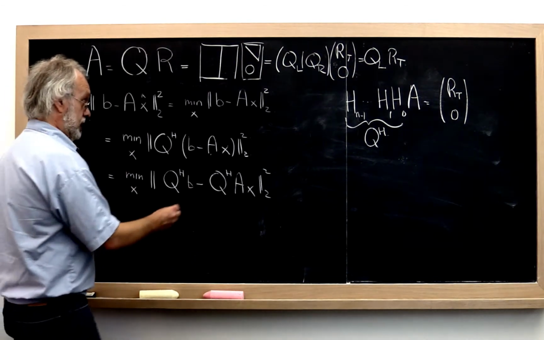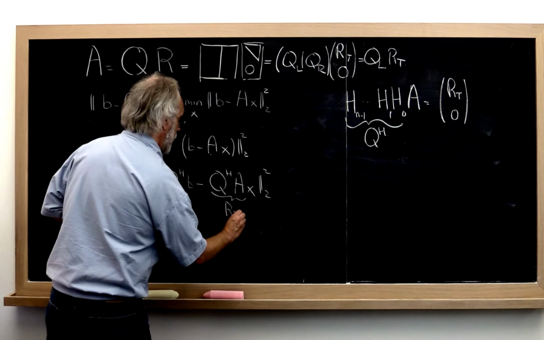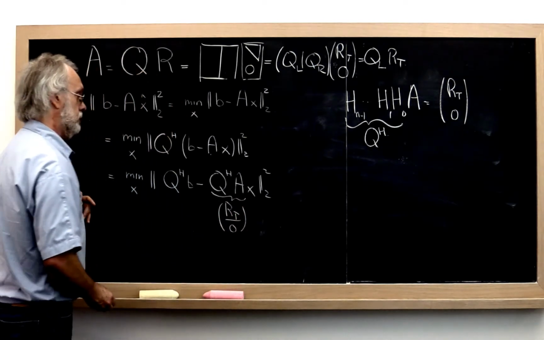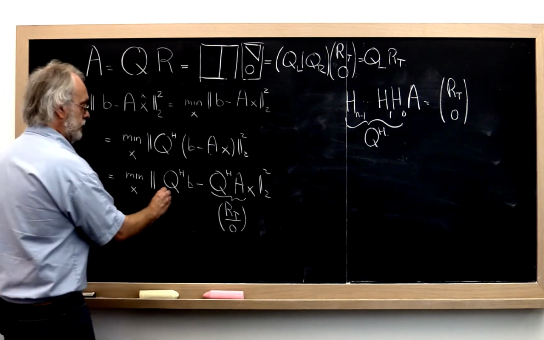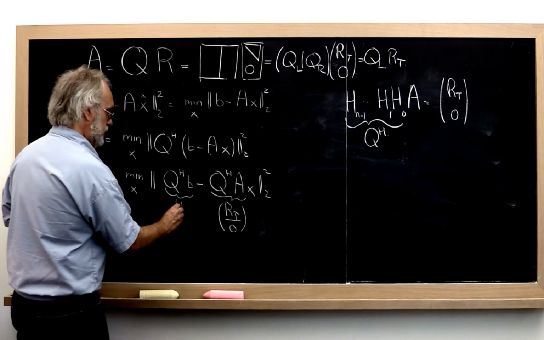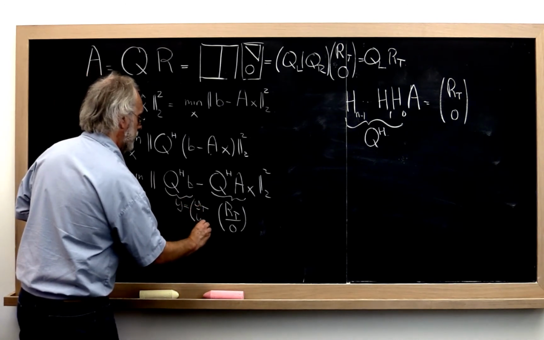Now, this right here is the matrix R top with zeros below it. What if we call this vector here y, and we partition that vector into a y top and a y bottom?